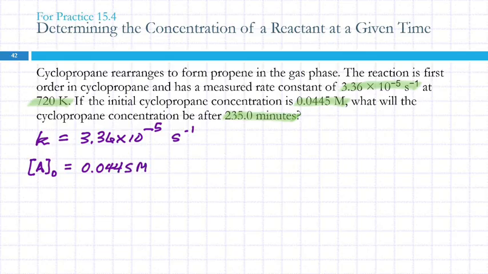And then it says, what's the concentration after 235 minutes? So that's our time, 235.0 minutes. So it's a first order reaction, so let's write out the integrated rate law for a first order reaction.